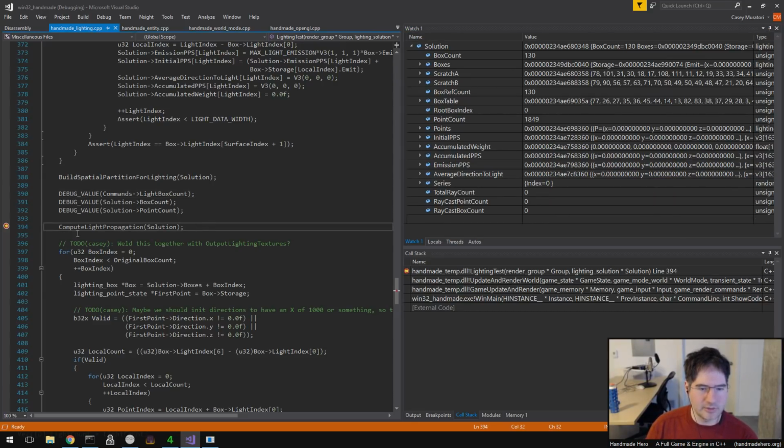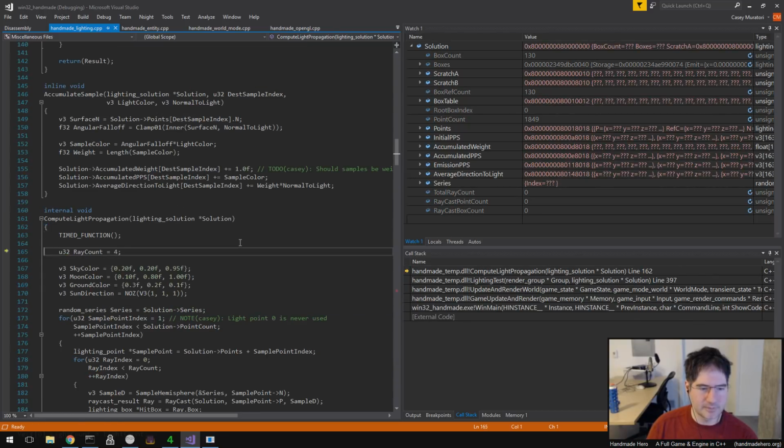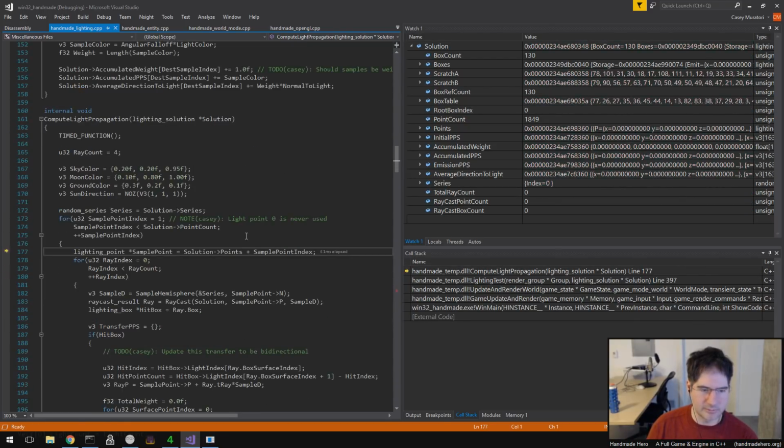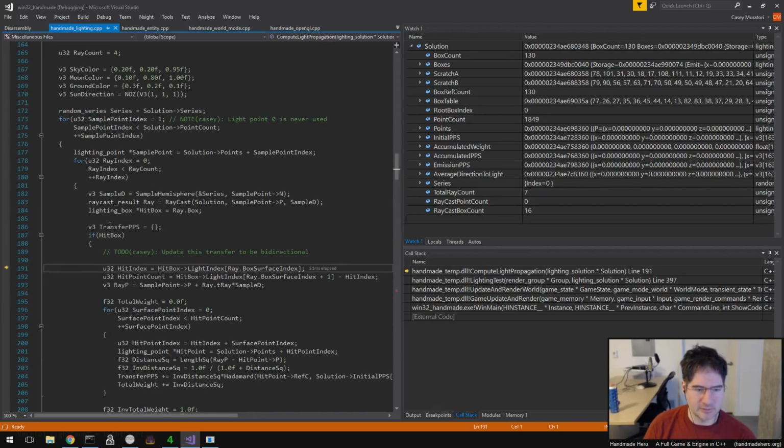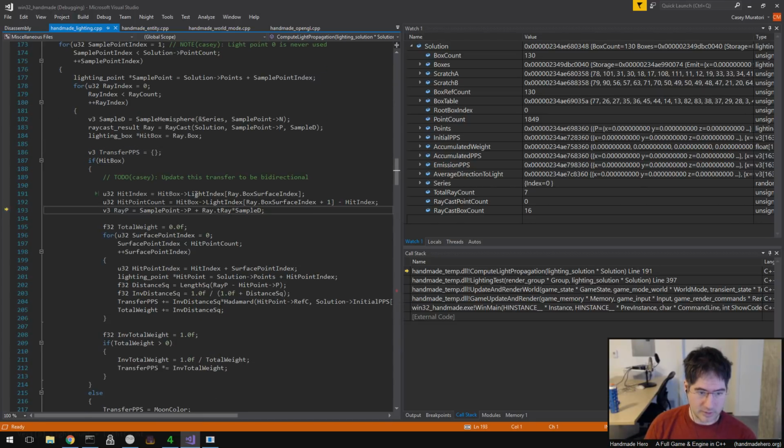Now we're going to do our compute light propagation function. We're going to come through here, and let's just take a brief look at how this is working as well. And we also got to check the output part. So we read out a point, and we try to find someone to transfer with. In this case, we did. We come through here, and we compute a total weighting value.